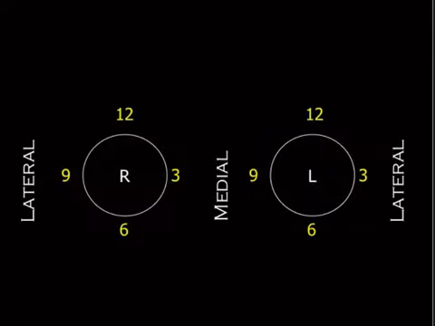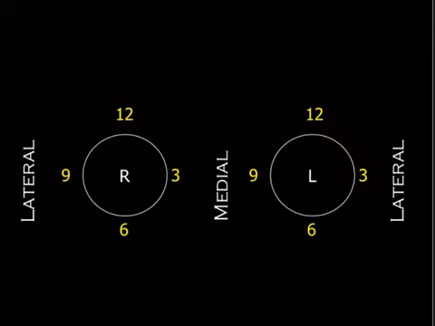If you happen to see a finding, people will use a clock face descriptor for where the lesion is located. So let's pretend the patient is lying down in front of us and we're looking at their chest, right and left breasts, just like a clock: 12 o'clock, 3 o'clock, 6 o'clock, 9 o'clock.